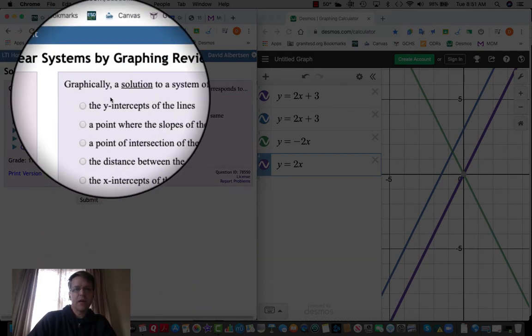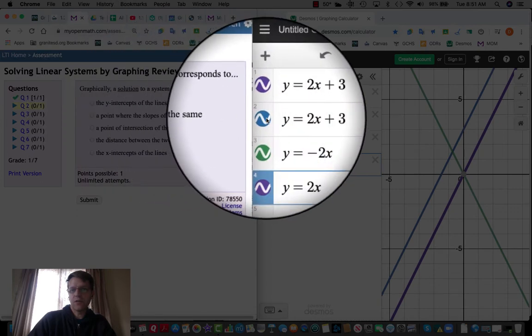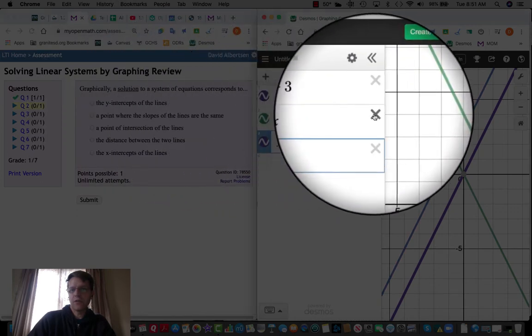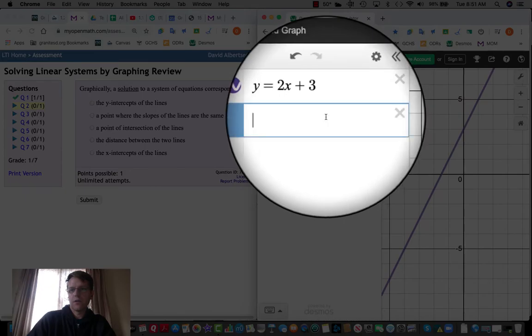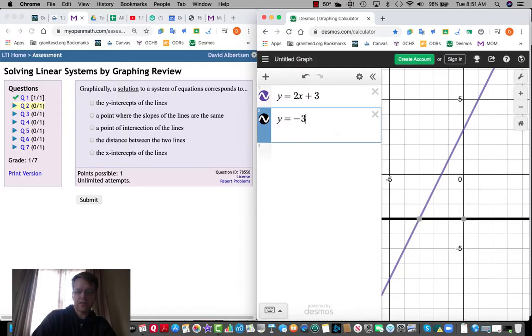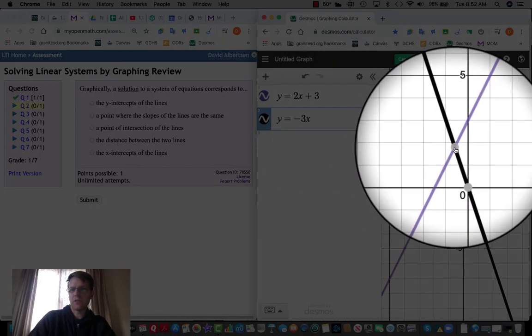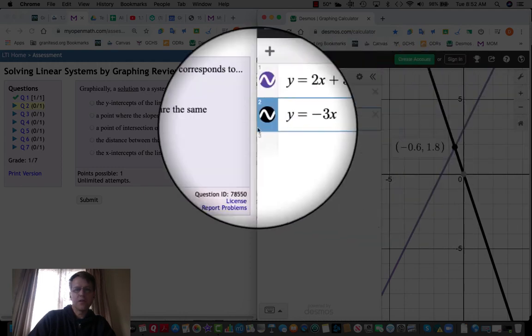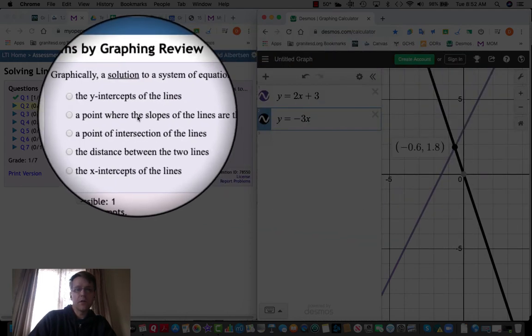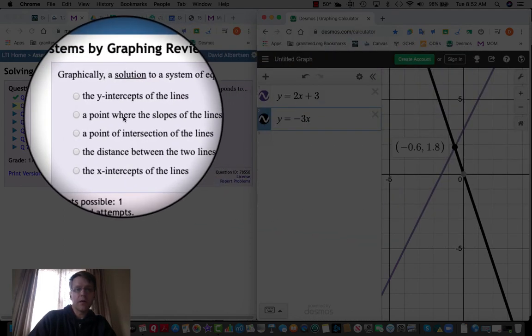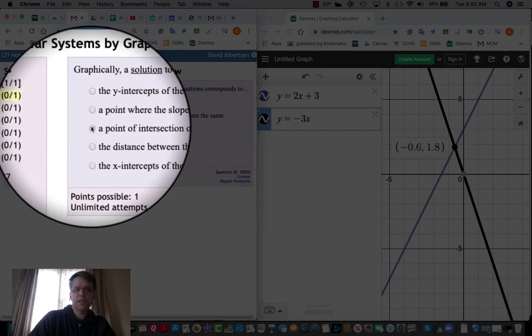Let's keep going. Graphically, a solution to a system of equations corresponds to the point of intersection on a graph.